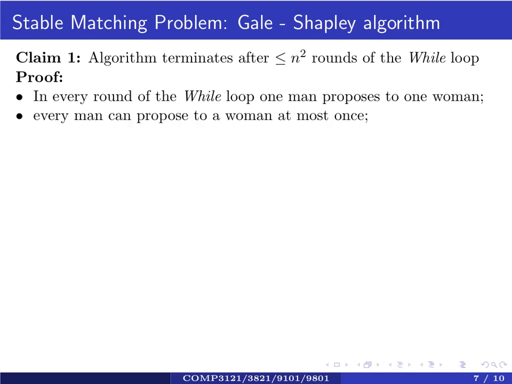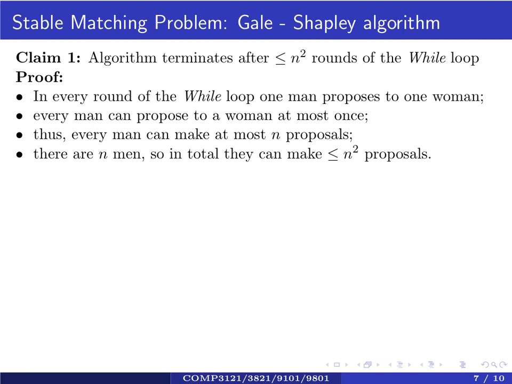Every man can propose to a woman at most once, because a man always proposes to the highest ranking woman that he hasn't already proposed to. Thus, every man can make at most n proposals. There are n men, so in total they can make at most n squared proposals, which means that the while loop can take at most n squared rounds.